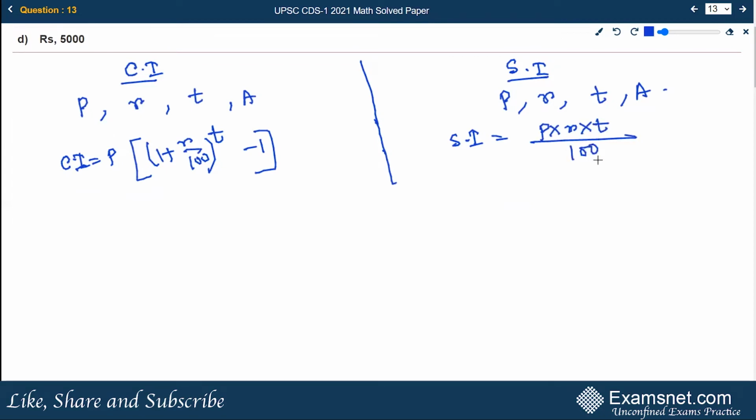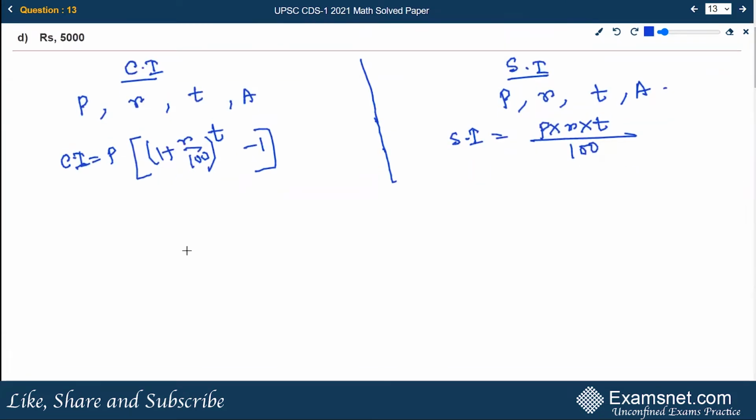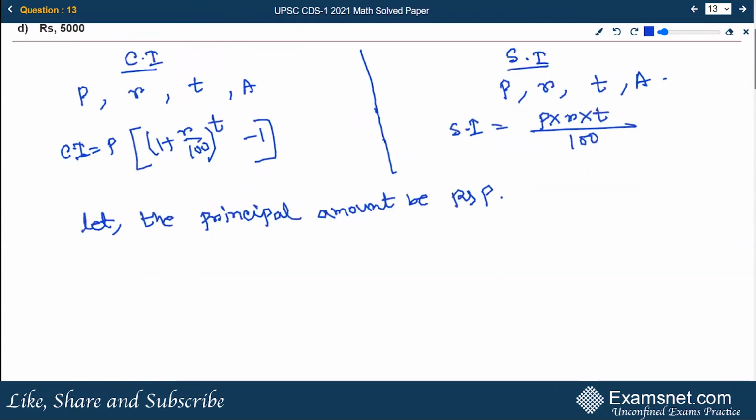These are two basic formulas. Here we are not aware of the principal amount, correct? So let the principal amount be rupees P, and the rate of interest is given as 12% for 2 years.